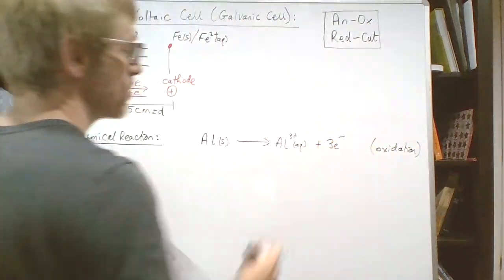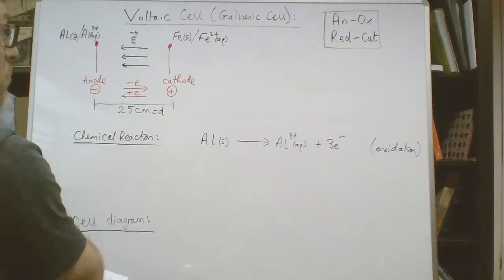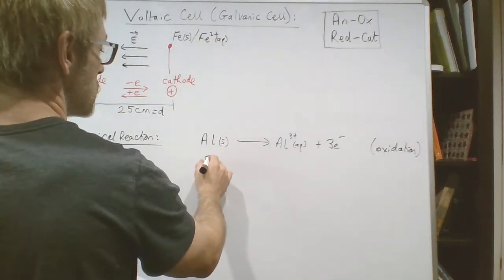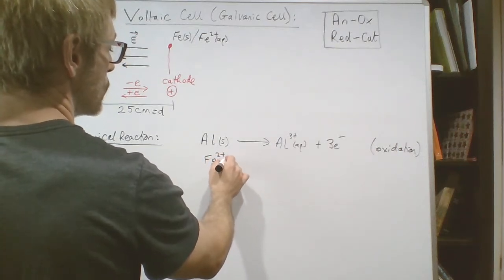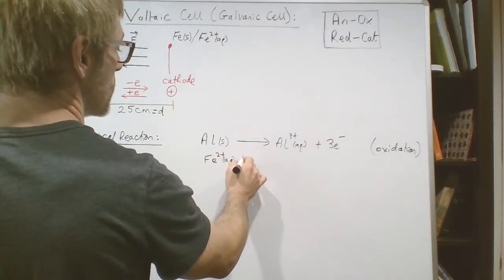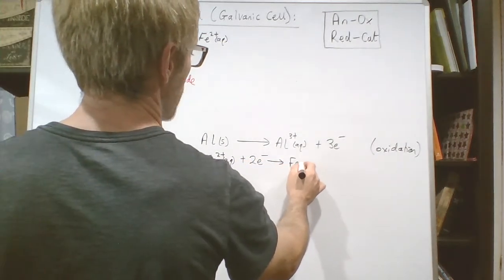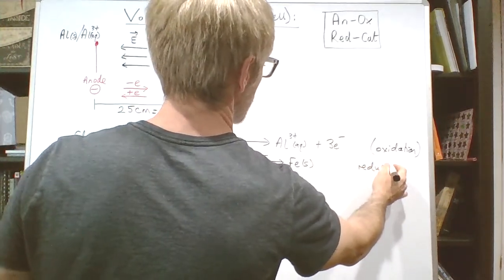Again, oxidation because I have electrons as a product. I also have reduction at the cathode, that's my iron chemistry. So here I have electrons as reactants, so iron 2 plus aqueous plus 2 electrons to give iron solid. So this is reduction.